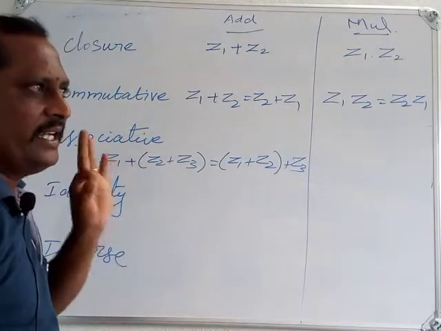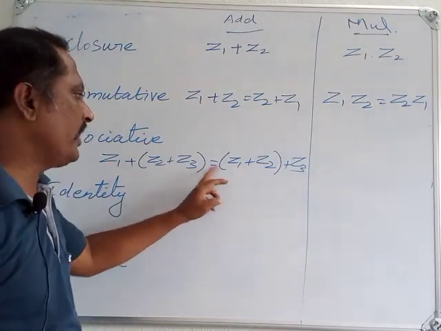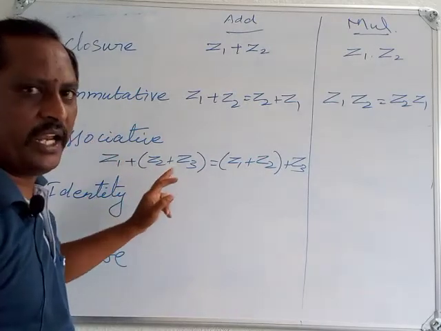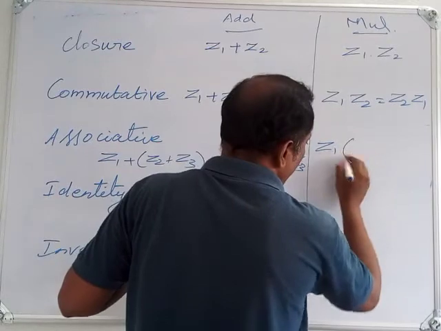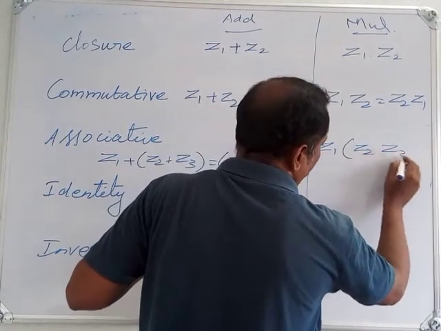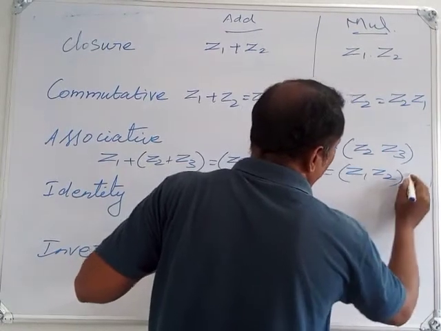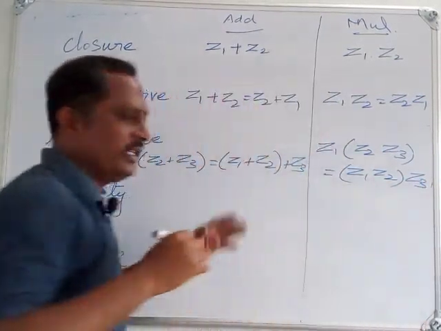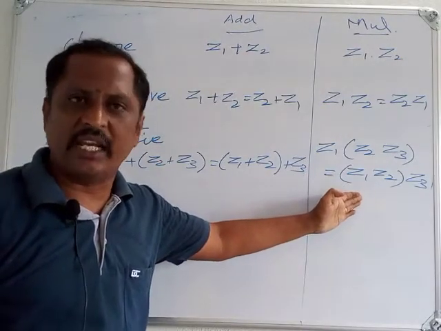The left side value and right side value both are equal. Associative property exists. And multiplication, z1 into z2 into z3 is equal to z1 into z2 into z3. This is the associative property for complex multiplication.